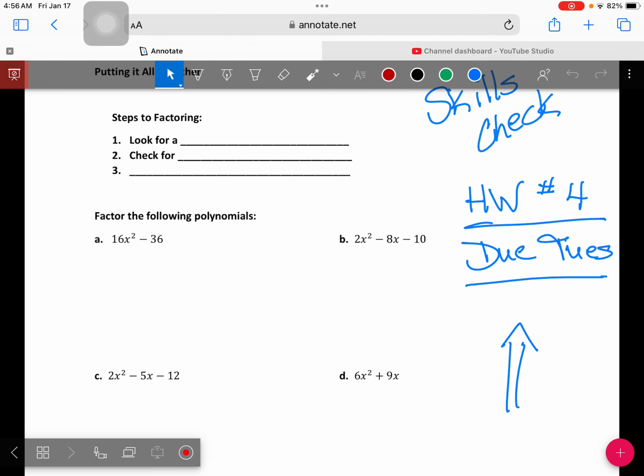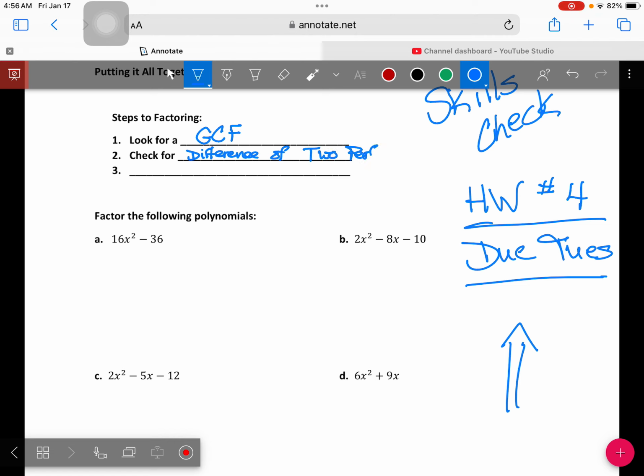So the steps to factoring. Number 1, always remember to look for a greatest common factor, unless you have 4 terms, then you're going to factor by grouping. But otherwise, look for greatest common factor. Number 2, check for a difference of 2 perfect squares.